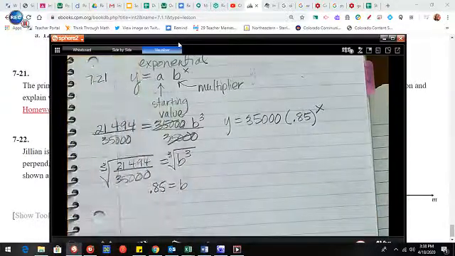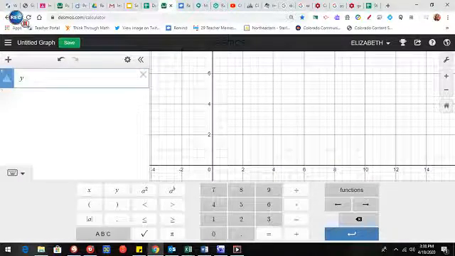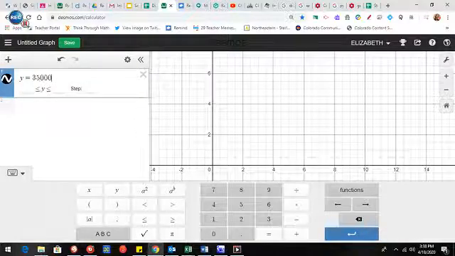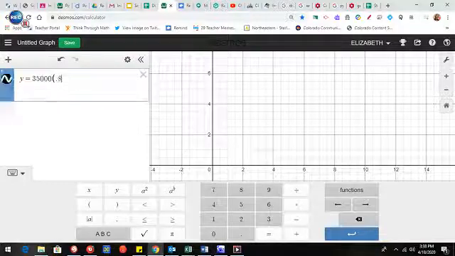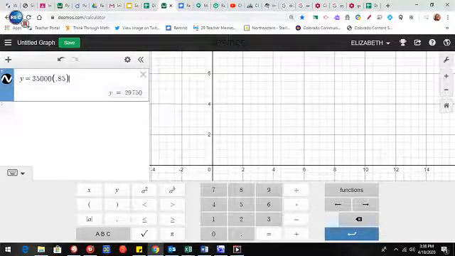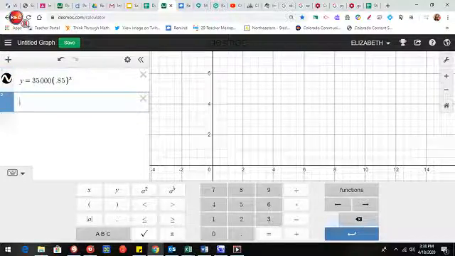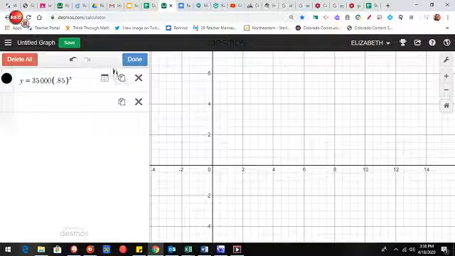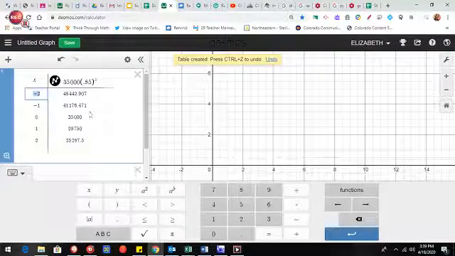If you did a table, let's look at the table real quick for this. To get the table, you just click on that little settings wheel and then you get your table.